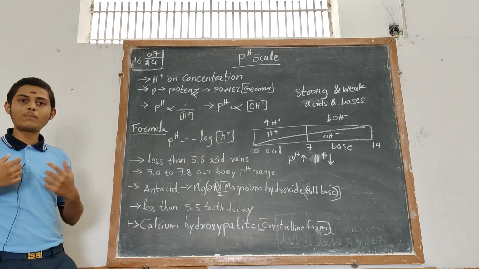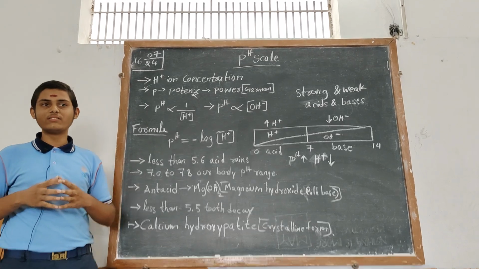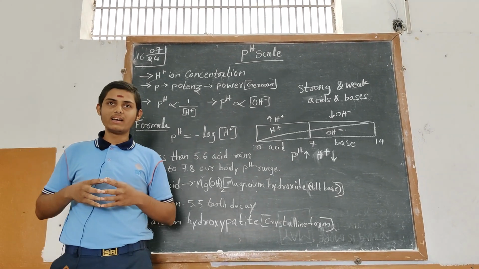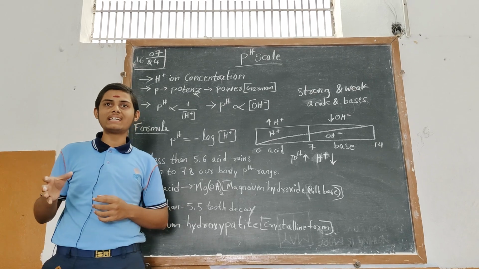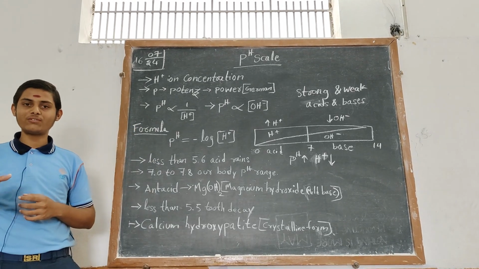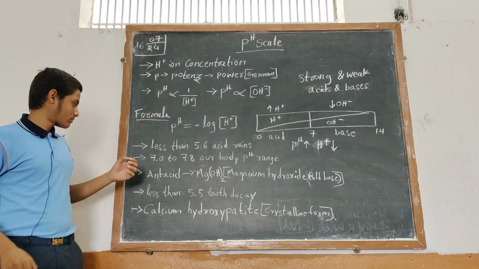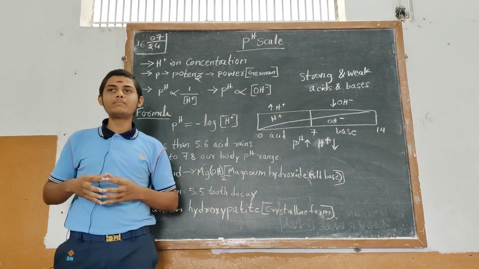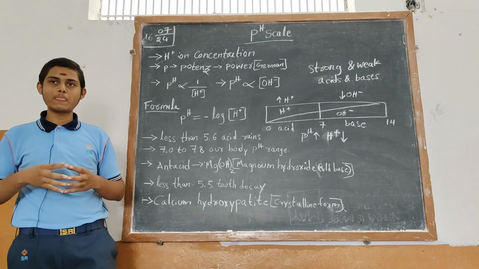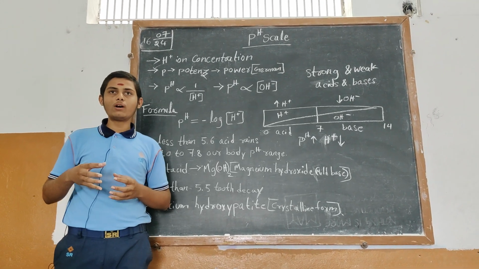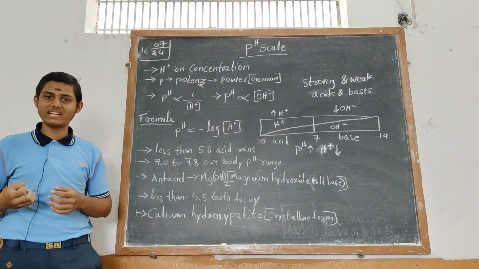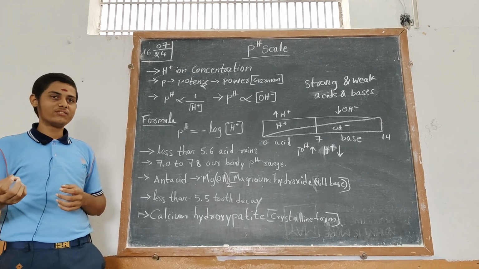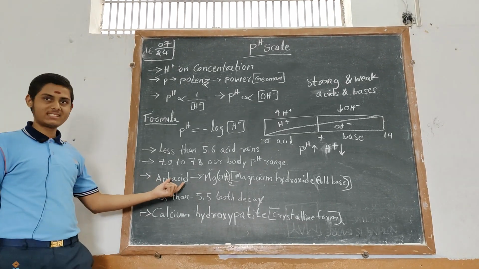Now in our body, we all know that in our stomach an acid called hydrochloric acid is released for digesting our food. In some situations we might suffer with indigestion. It is because of the release of more HCl. In those cases, we take antacids.